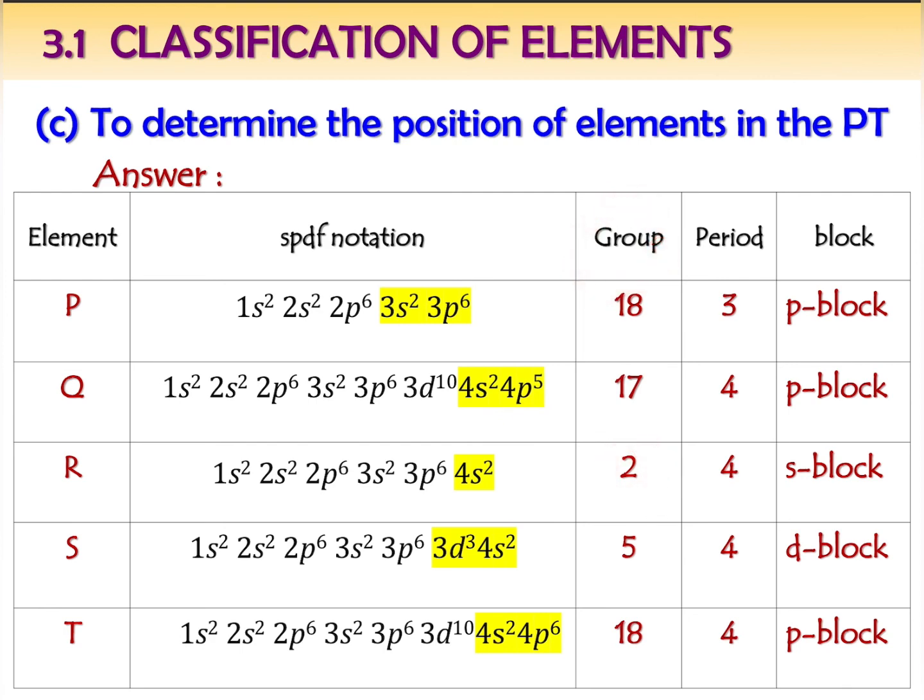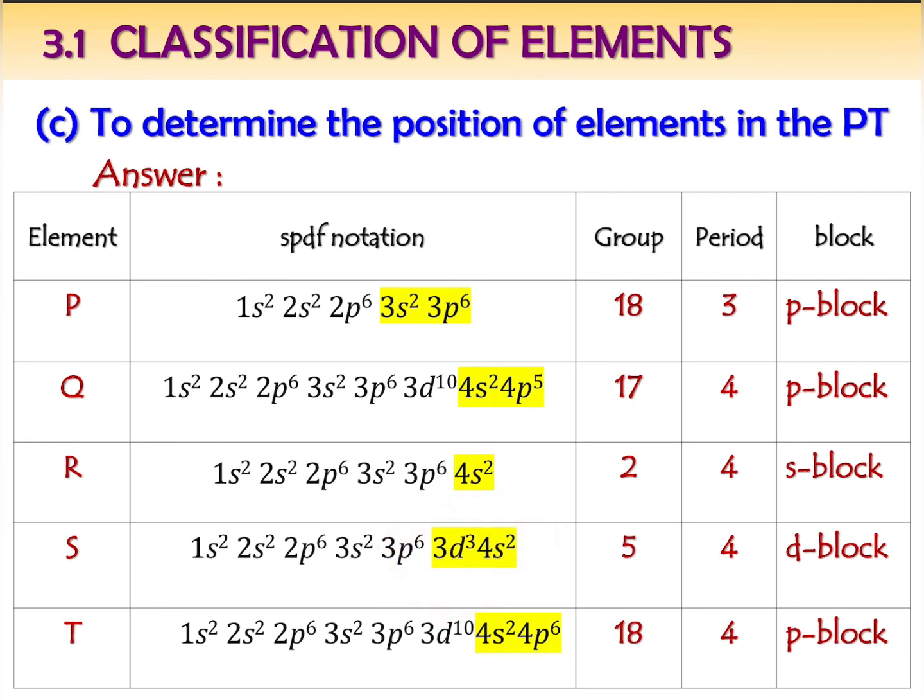Okay, so untuk S, kalau kamu tengok sini, dia ada 3D. Tengok elektron paling akhir, valence electron. Bila kamu isi elektron, dia berakhir pada 3D. So bila rearrange balik, kamu akan dapat 1s2, 2s2, 2p6, 3s2, 3p6, 3d3, 4s2. So maksudnya valence electron berada di sini.